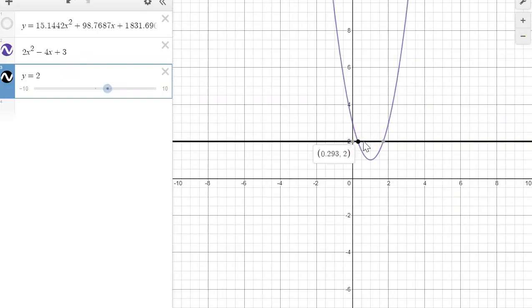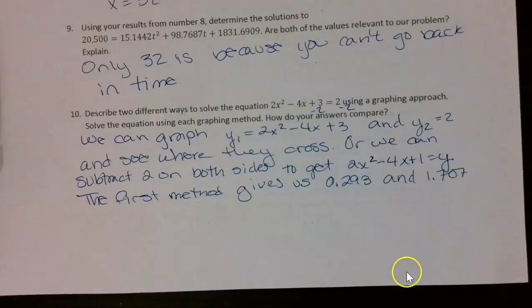It's 0.293 and 1.707. So I'm going to write on my paper the first method gives us 0.293 and 1.707. Okay. So this new sentence on the bottom is what I wrote.